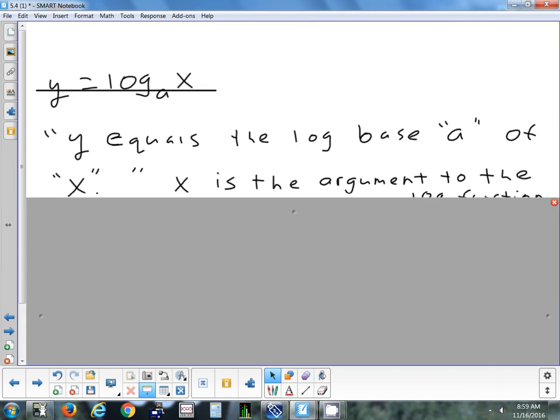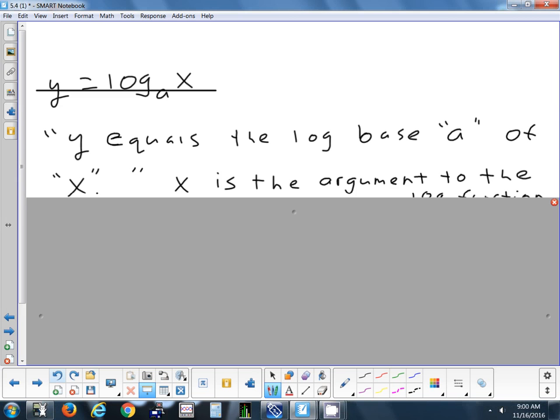So the x is not an exponent. Okay, the x and the word log are right on the line. It's the a that's a little bit below. If you had an exponent, it would be up higher than the x. Right, so you pronounce it y equals log base a of x.